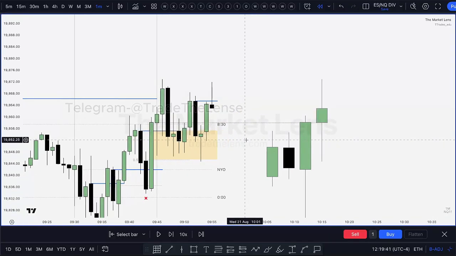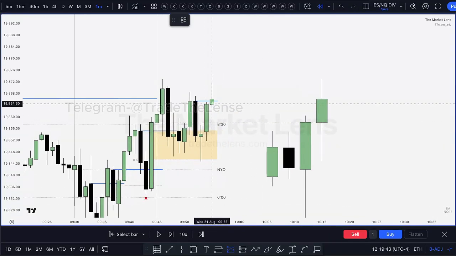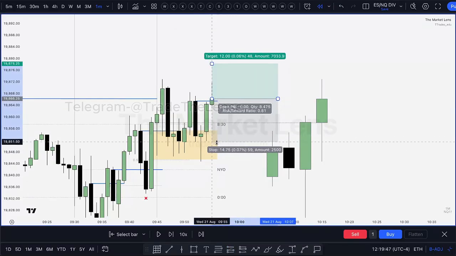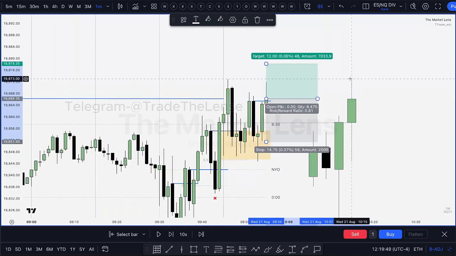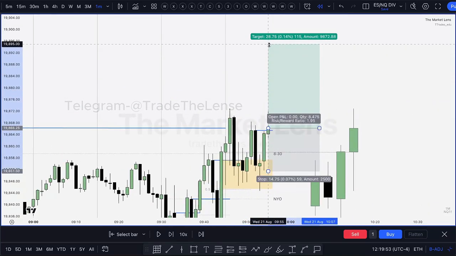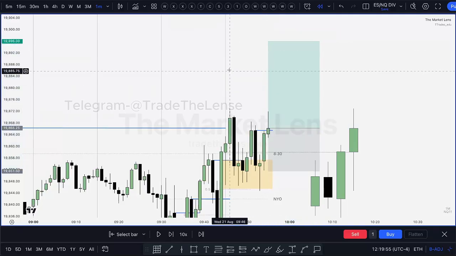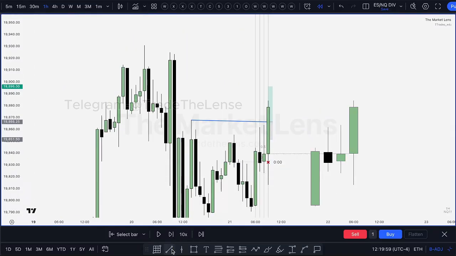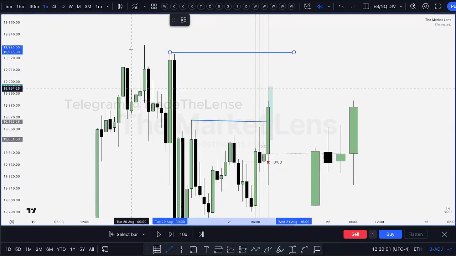The next entry would be, okay, we close over there, entry there, stop on that low, or you can use the order block low body, 2R, right? And then on this, I'd want to zoom out a little. Does that make sense in terms of the higher time frames? Well, we have till here and here, right?